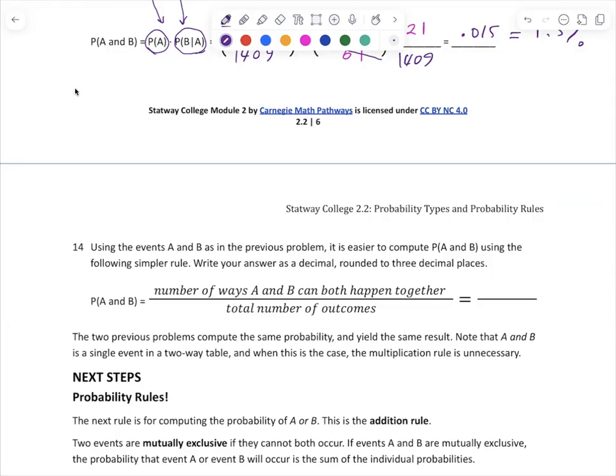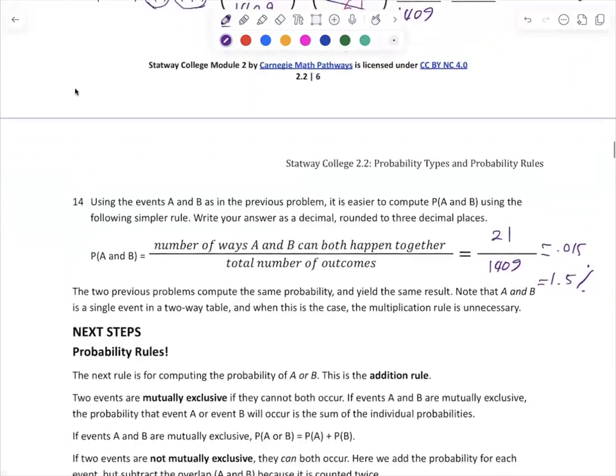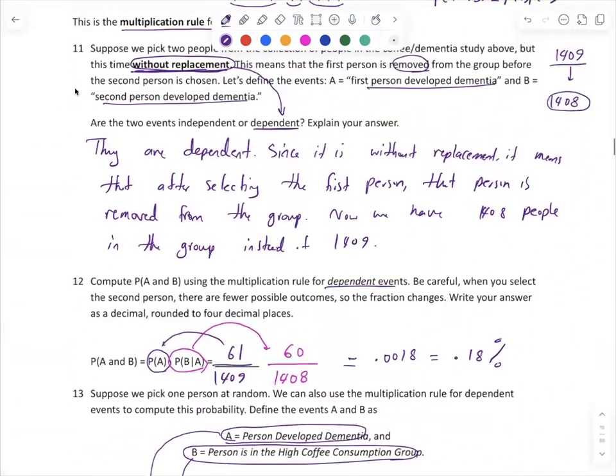The probability of A and B can be written as the number of ways A and B can both happen together divided by the total number of outcomes. So as we saw, it's going to be 21 out of 1,409, which we saw is 0.015 or 1.5%.